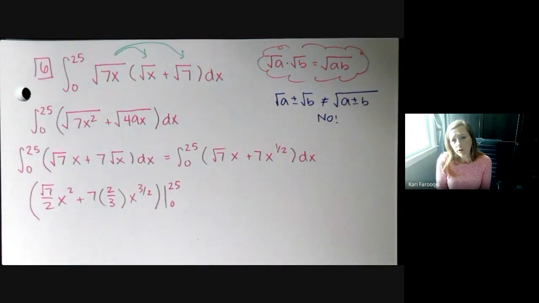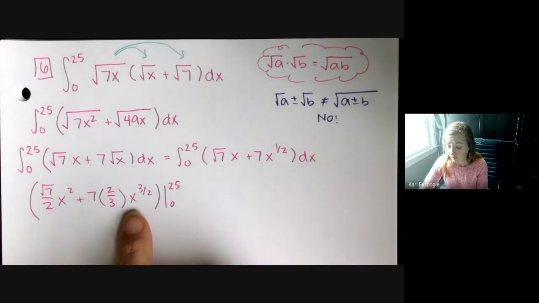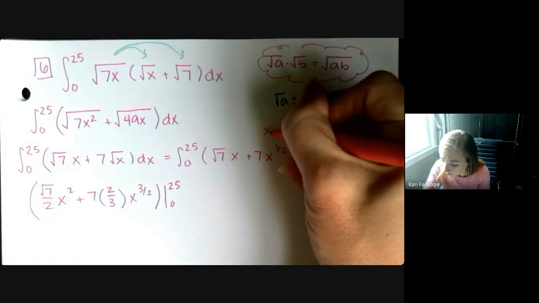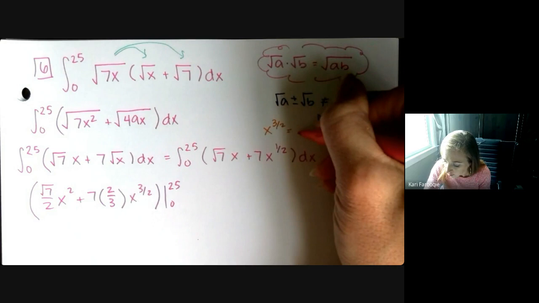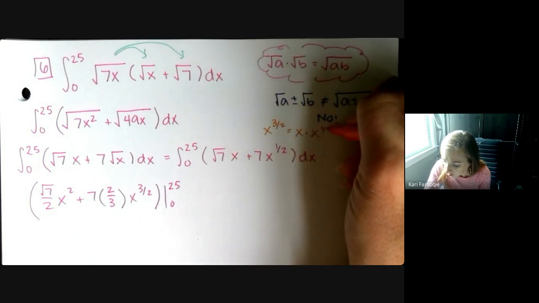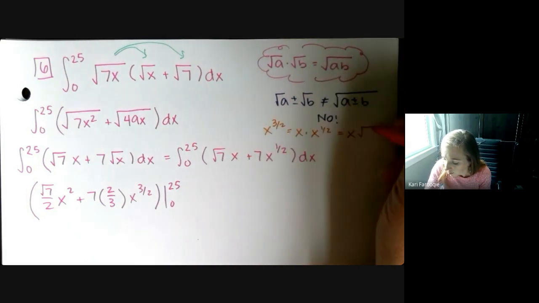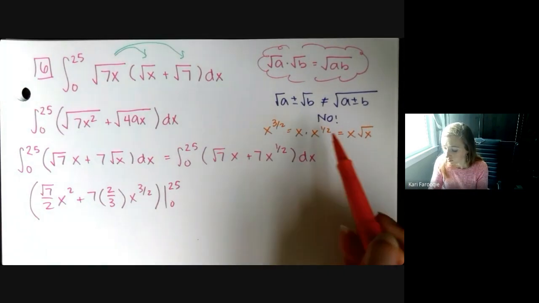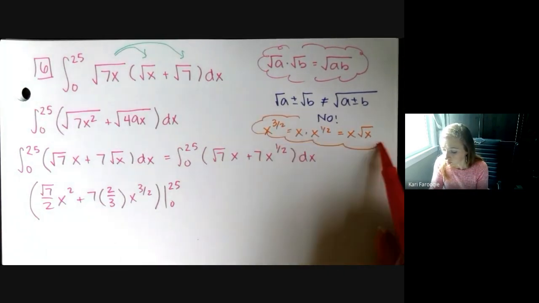If you want to rewrite it first, I think that's going to be really helpful here. I know that you have your calculators, but one thing I like to do, and I think it's going to be really helpful to you in your entire math life, is when you see a 3 halves power, x to the 3 halves is x times x to the 1 half, which is x times the square root of x.